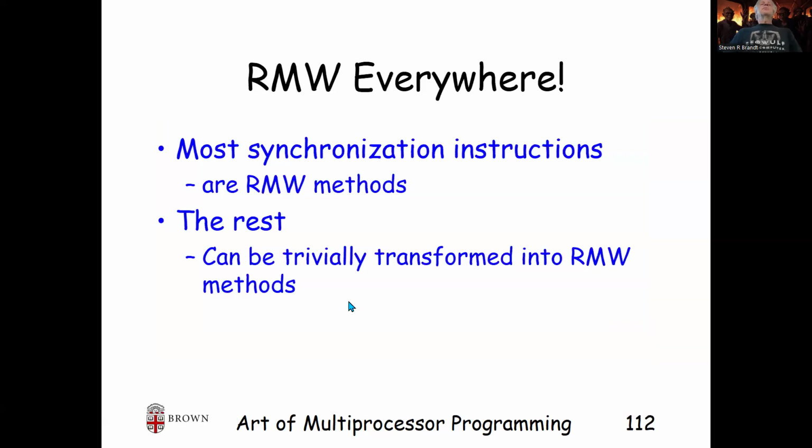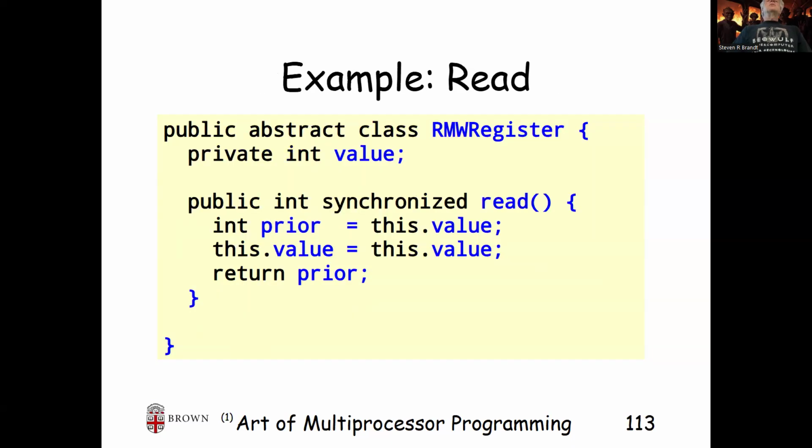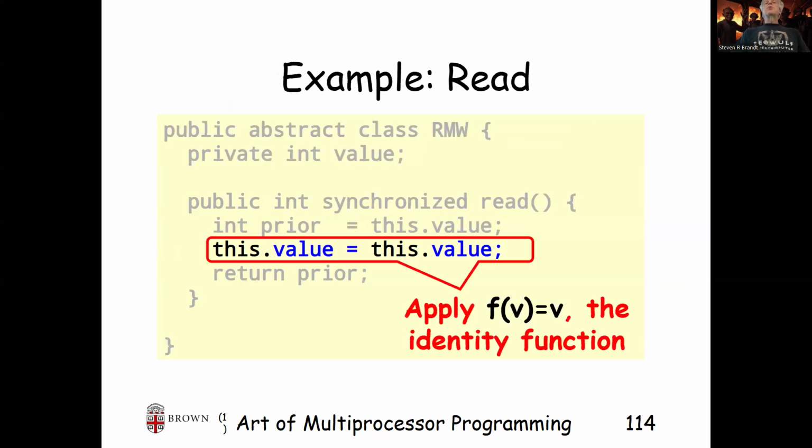All right, so most synchronization instructions are RMW instructions, read-modify-write instructions. The rest can be trivially transformed into RMW methods. So we have a read. This is not going to modify anything. This is just a read, but it's put into this same framework, right? So f of v equals v.